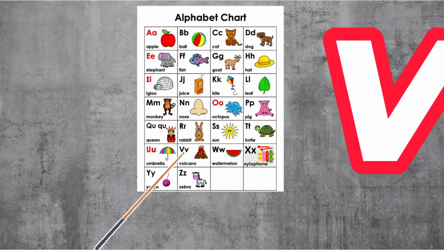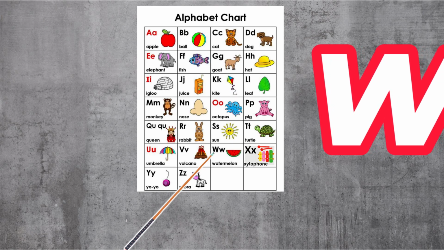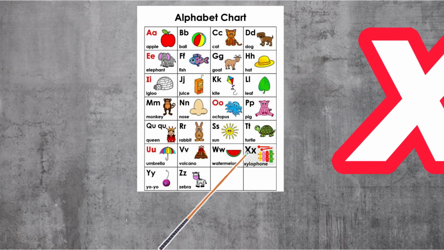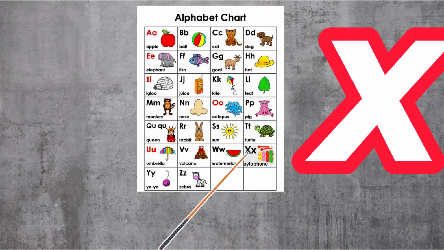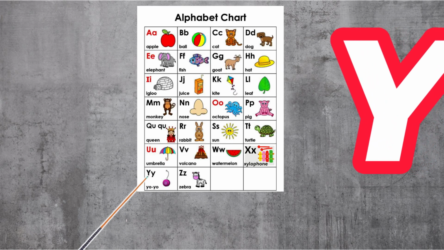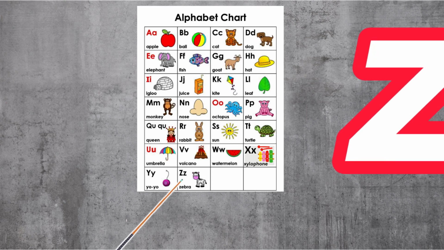V for volcano. W for watermelon. X for xylophone. Y for yo-yo. Z for zebra.